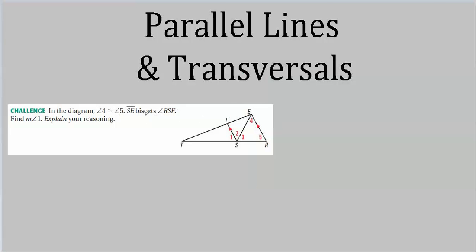What about SE, that's this segment here, bisects RSF, that's this here. Well, given that, we automatically know that angle 2 is congruent to angle 3.